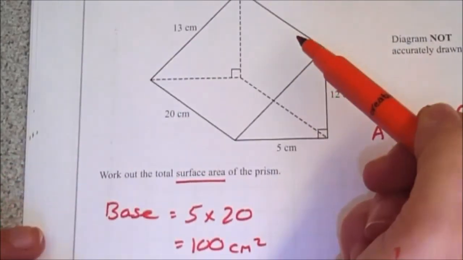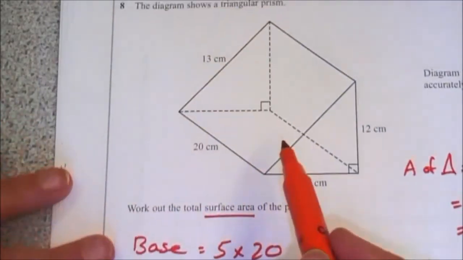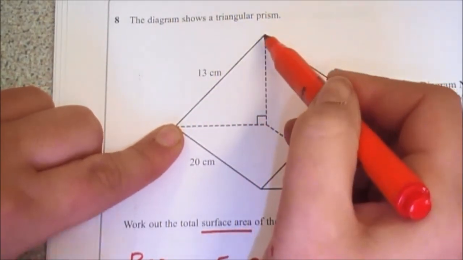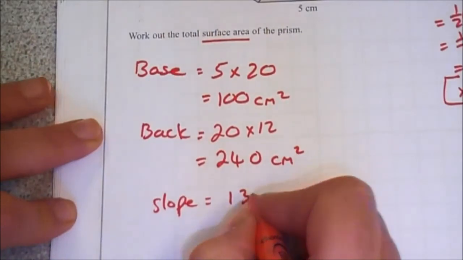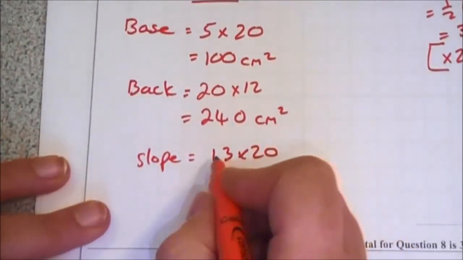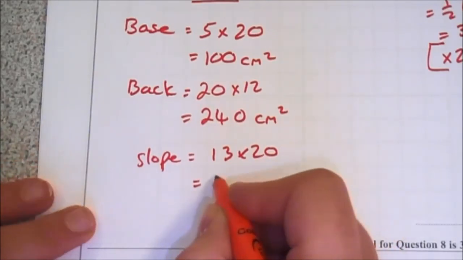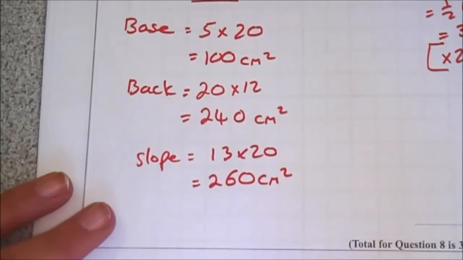Now I need to do this slopey side. Let's call it the slope. And that's again a rectangle. And this length here is 13 and this is 20. So that's going to be 13 times 20. Well, 13 times 10 would be 130. And then I double it, which would give me 260 centimetres squared.